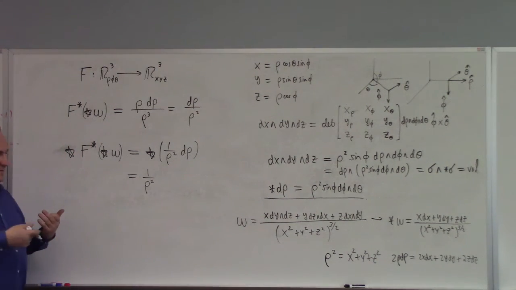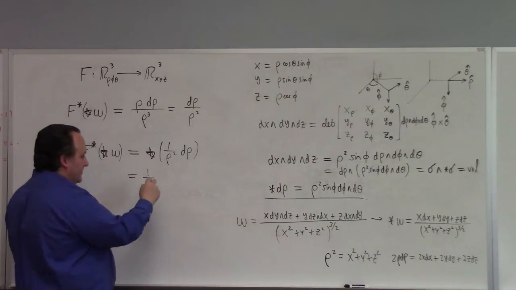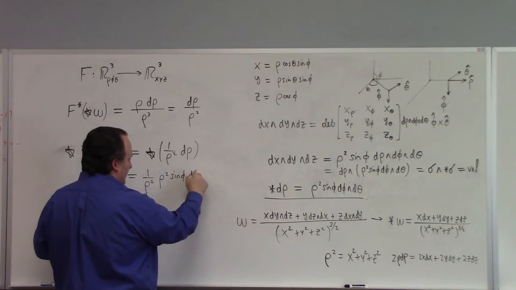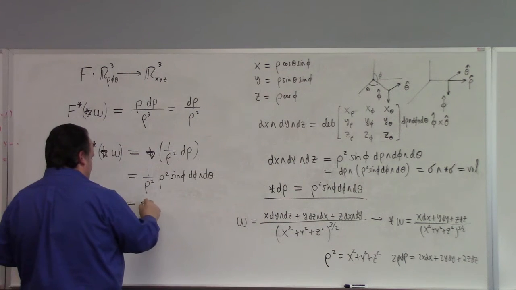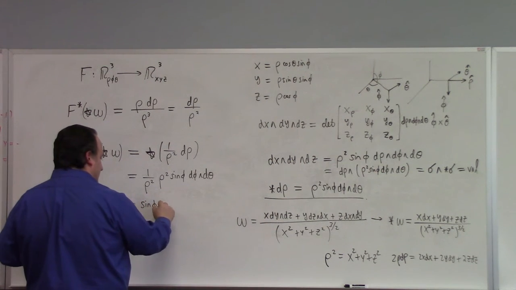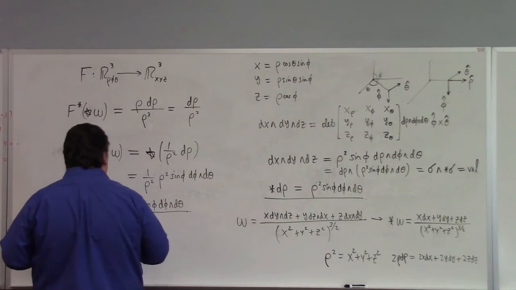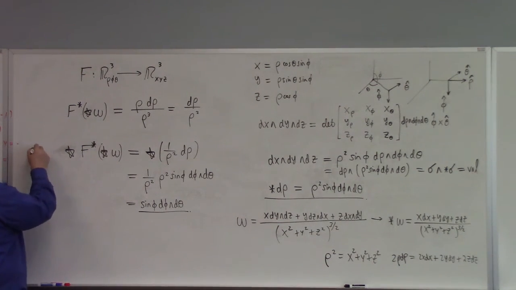And then we got the pullback of d rho. But the pullback of d rho, we calculated that earlier: rho squared sine phi d phi wedge d theta. So we got ourselves a sine phi d phi wedge d theta, AKA the pullback of omega.